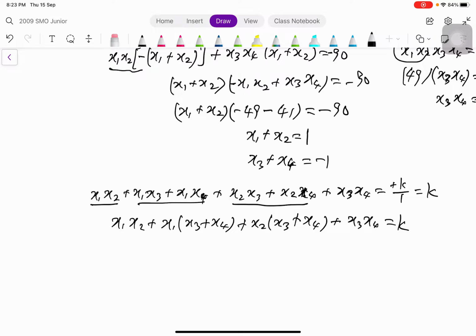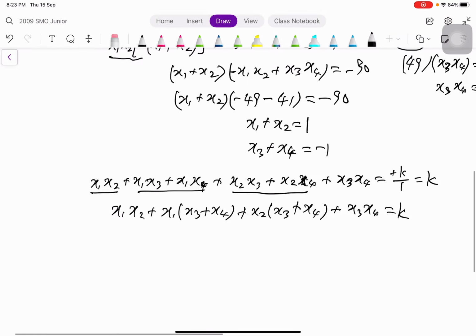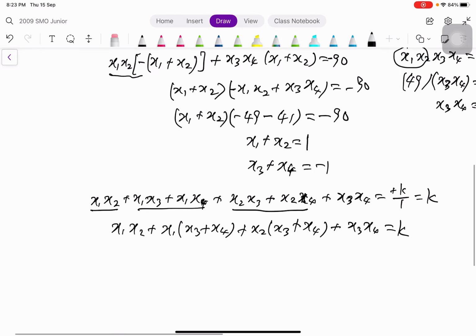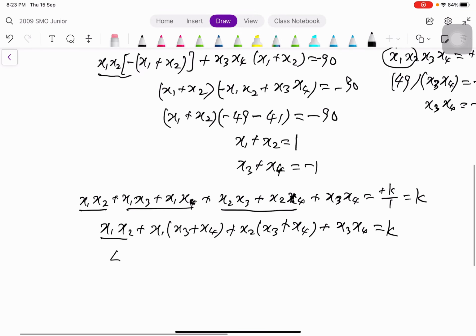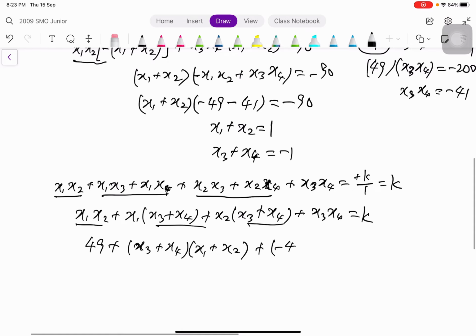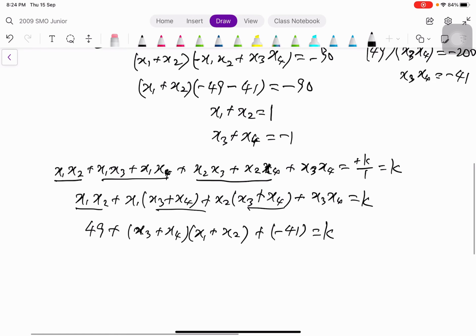We know that x1 times x2 is 49, and then with the common factor x3 plus x4 times (x1 plus x2), and we know that x3 times x4 is minus 41, and this is k.